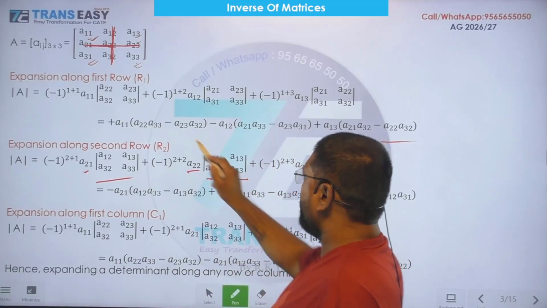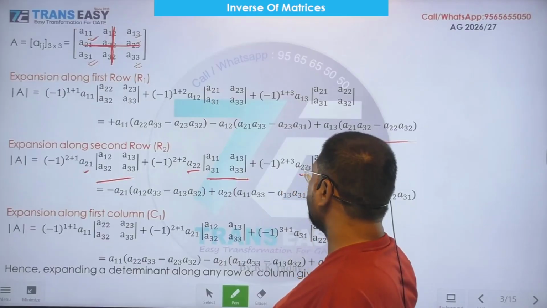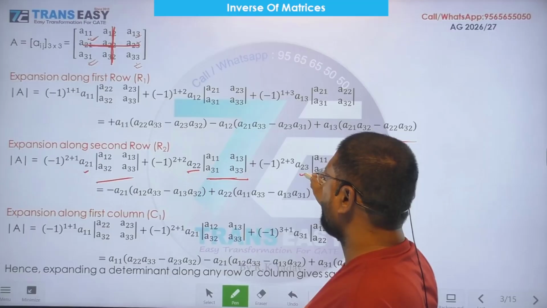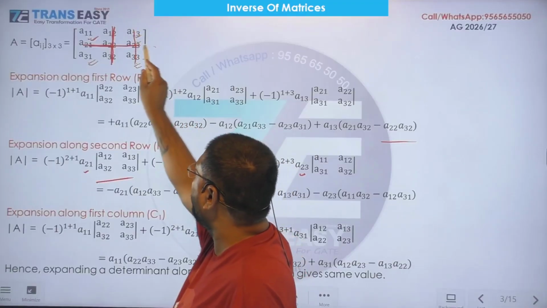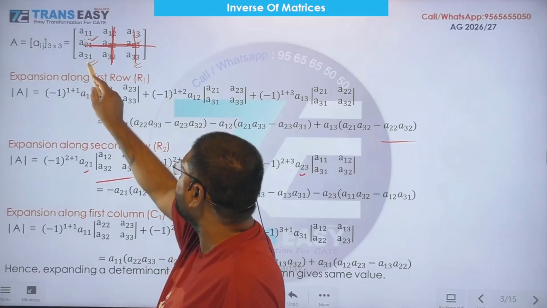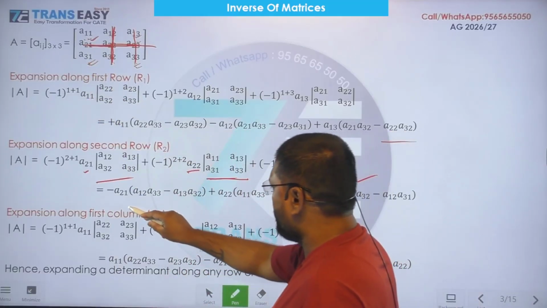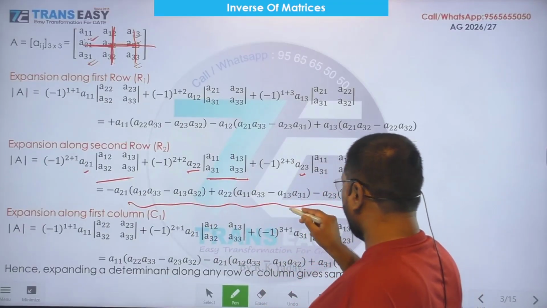Minus 1 raised to the power 2 plus 3 into this element, right? And leaving elements lying on row and column passing through this element, A11, A12, A31, A32. So this is the value of determinant.